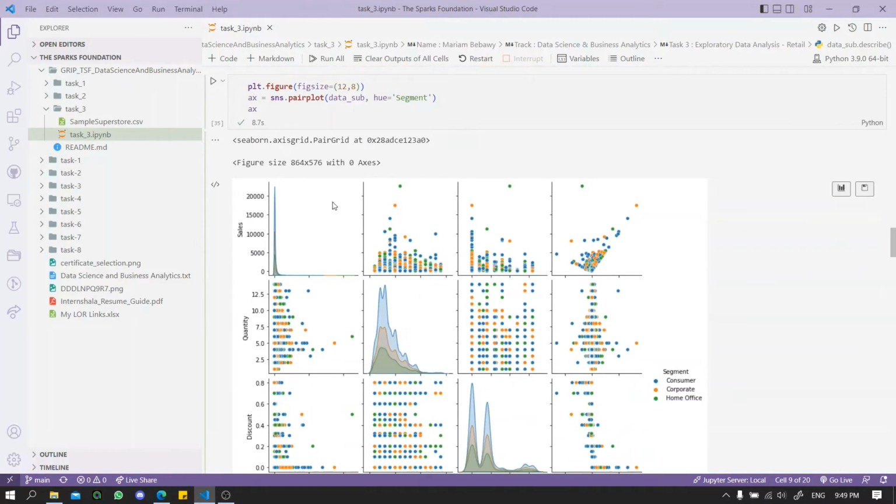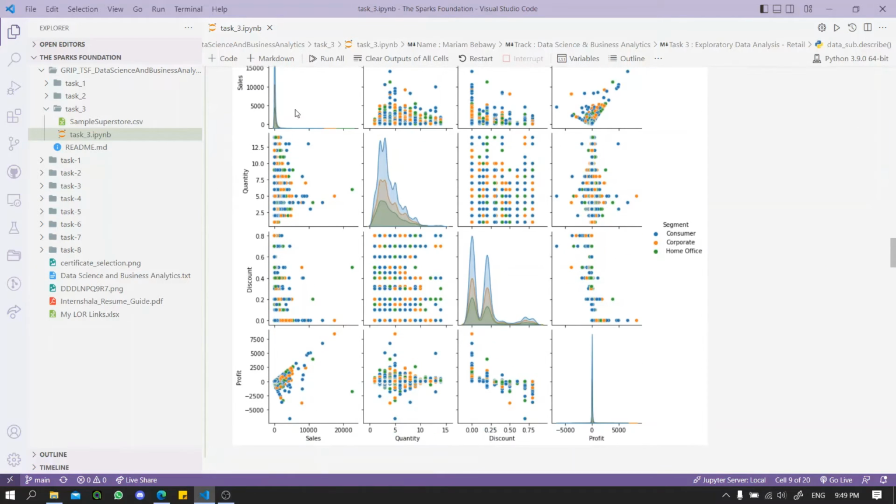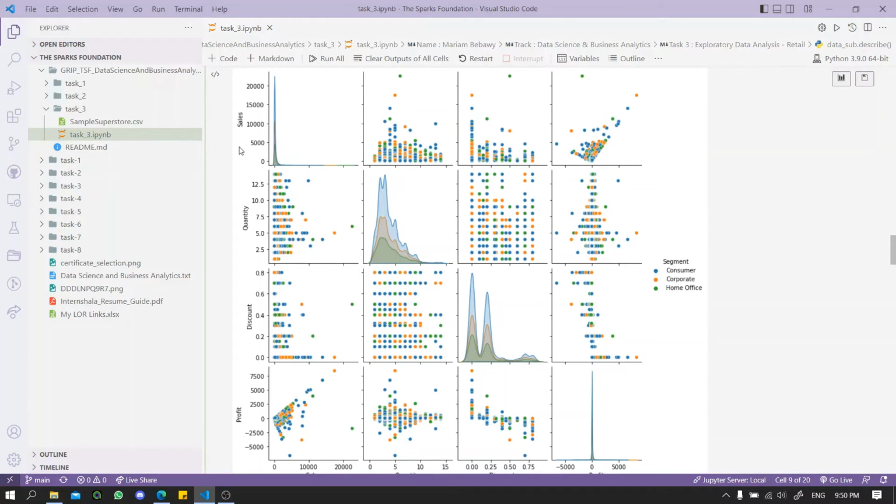We try to see how each one of them actually relates to each other in terms of graphical data. And this is actually a multivariate plot because we plot two variables together, like for example the sales and the profit right here, in terms of another variable, which is the segment, mapping to the colors.